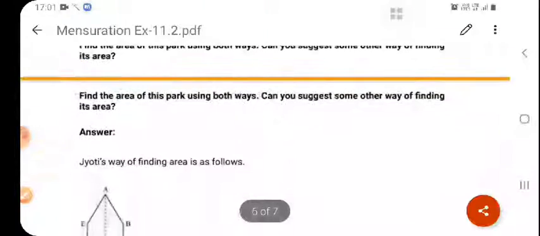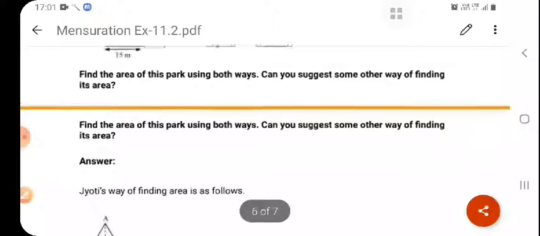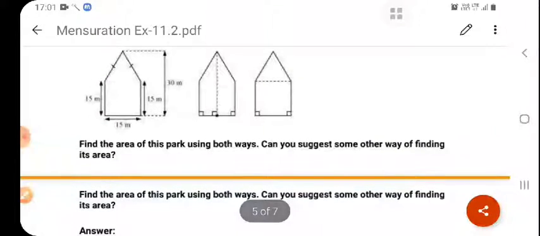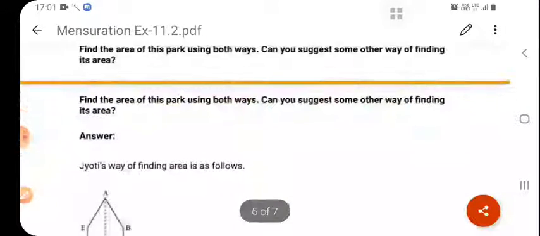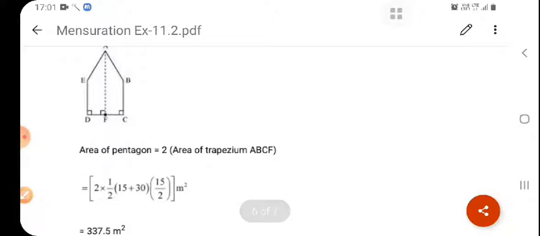So Jyoti's way of finding area is as follows. The given area is divided into two parts. The area of the pentagon is divided into two trapeziums. Firstly we will calculate the area of one trapezium and multiply it by 2.